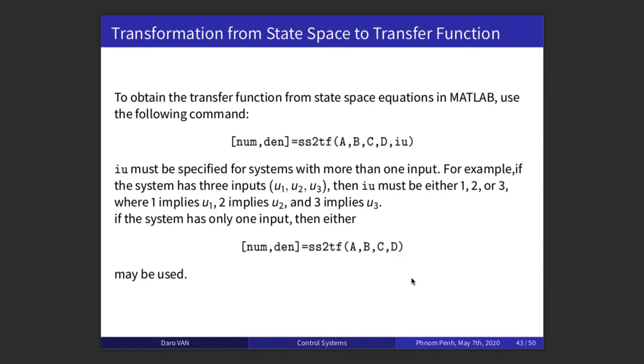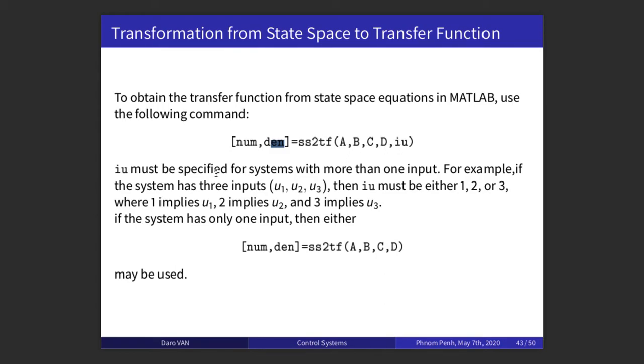All right. So you can also obtain the transfer function from the state space equations in MATLAB. Use the following commands. Okay, MATLAB makes life a lot easier. You need to specify the numerator, denominator, and using this command, A, B, C, D, and then iu.